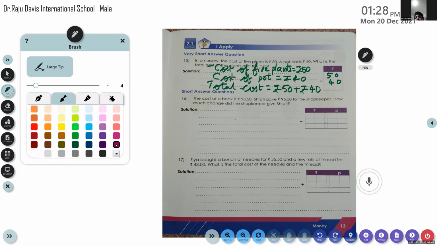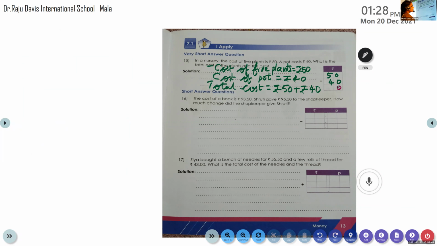Now 5 plus 4? 5 plus 4 is equal to 9. So what is the answer? Rupees 90. Evelyn, did you complete the answer? No.